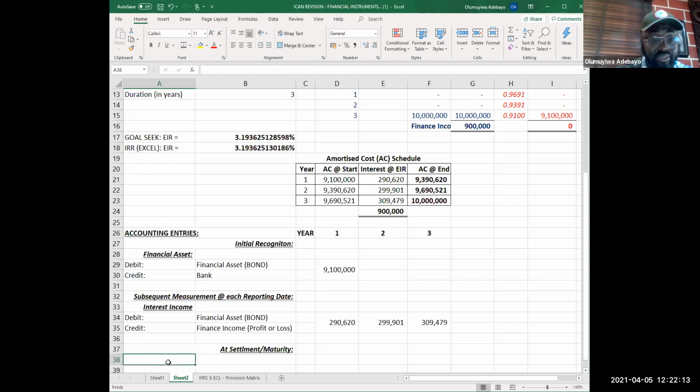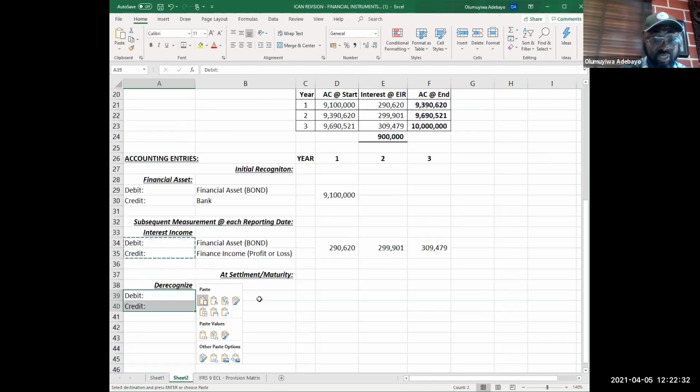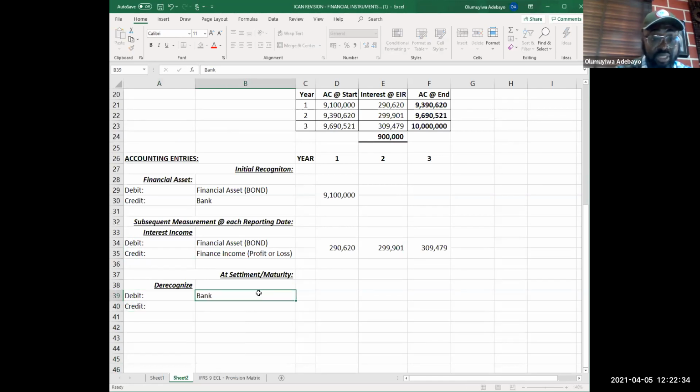You receive your cash back, your bank, and you derecognize the financial asset, the bond.